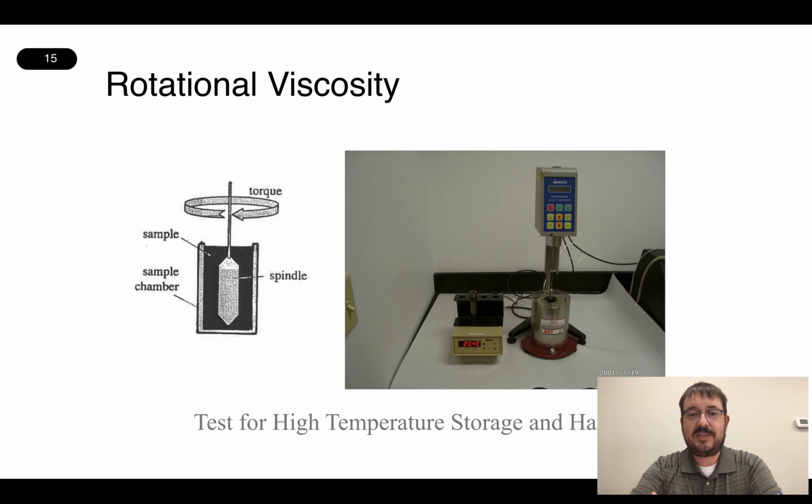The rotational viscosity is also tested by the asphalt binder manufacturers, and this test is really critical for both the high temperature storage and handling of the asphalt binders, as well as the pumpability and the ability for us to pump it through the hot mix plant and get good workability in the asphalt drum.